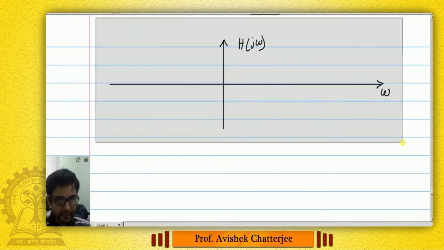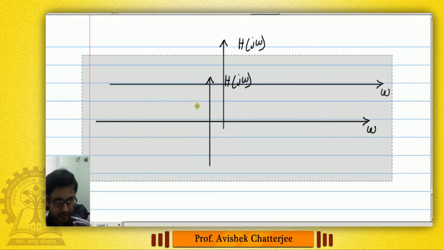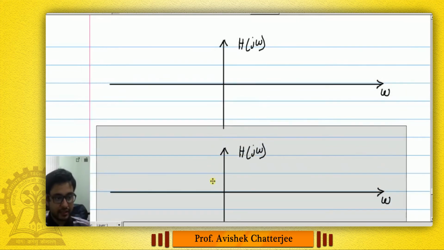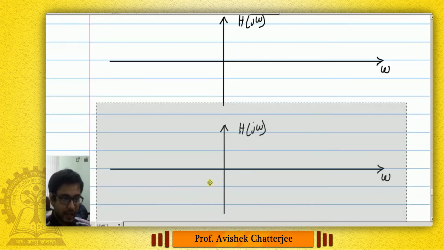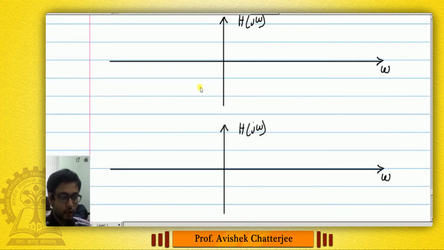So let me take two graphs like this, and in one graph I will plot the magnitude of H(jω), that is the magnitude of the Fourier transform of the impulse response, and in another graph I will plot the angle of H(jω). Now this may look something like this.